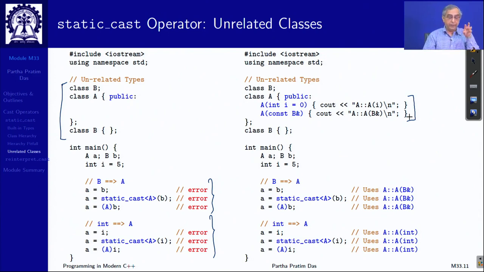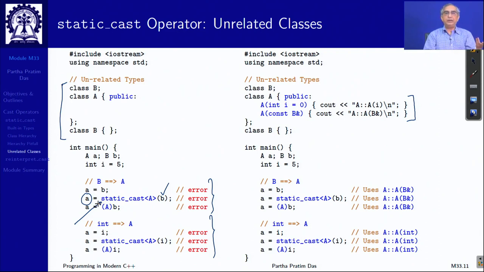Because I have a B object, and what I need as a target output is an A object. Now, an A object has to be constructed. I cannot get an A object just out of nothing. So, in C++, I really need an instance of the A object to be created from the B object, only then does the conversion have a meaning.